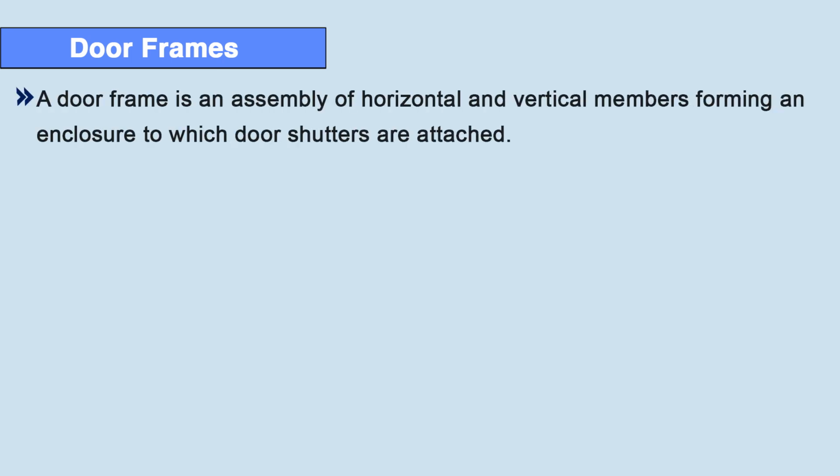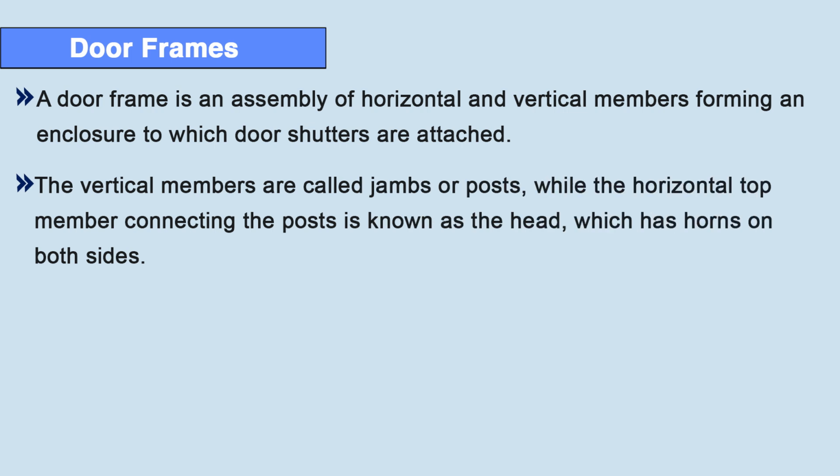Now, we will discuss about door frames. A door frame is an assembly of horizontal and vertical member forming an enclosure to which door shutters are attached. The vertical members are called jamb or post, while the horizontal top member connecting the post is known as head, which has horn on both sides.